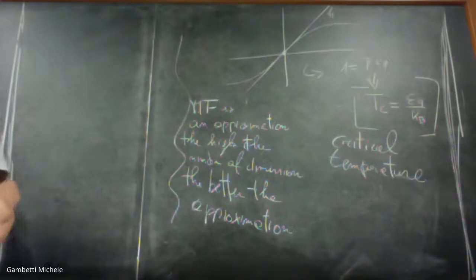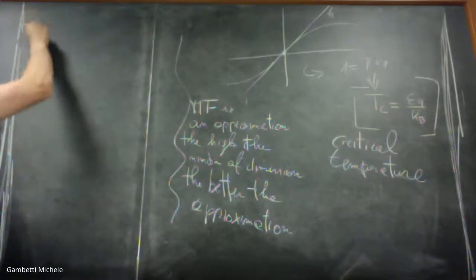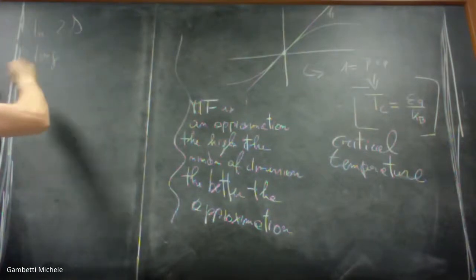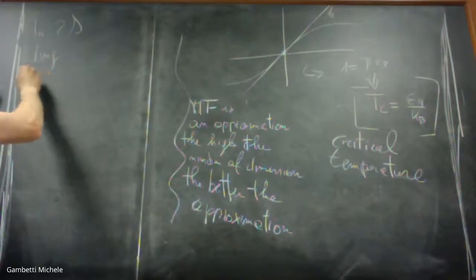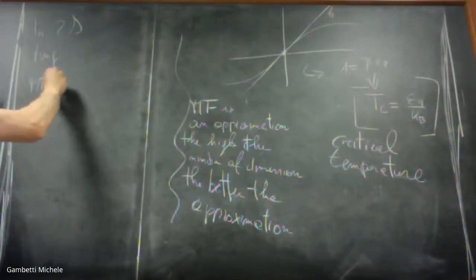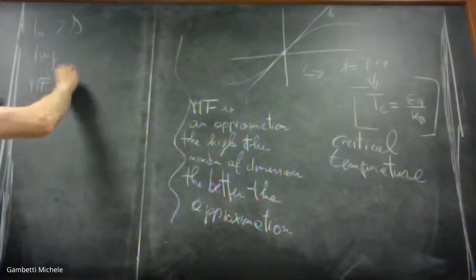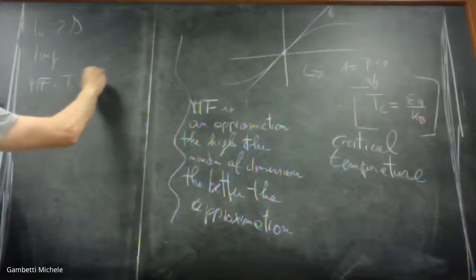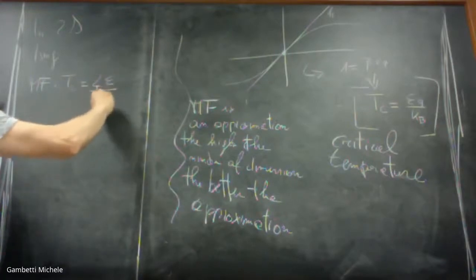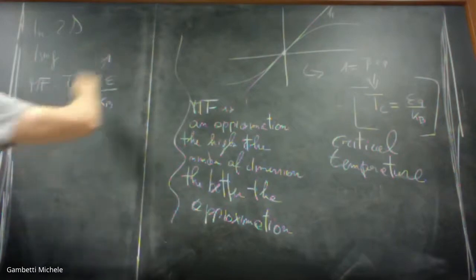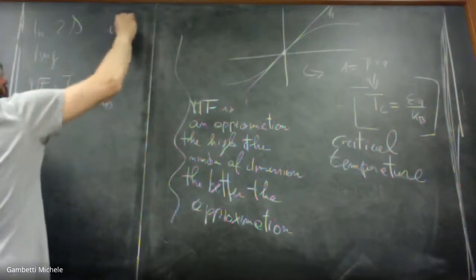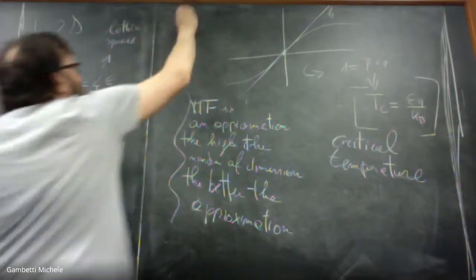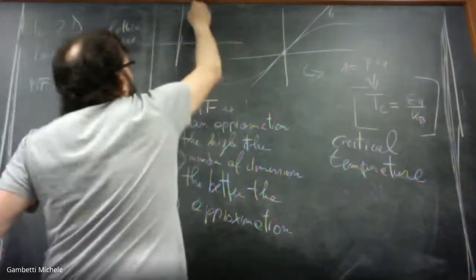In the two-dimensional Ising model, what we get in mean field is that Tc is equal to 4 epsilon divided by kB, where 4 is for a square lattice, and remember that we have 4 closest spins.